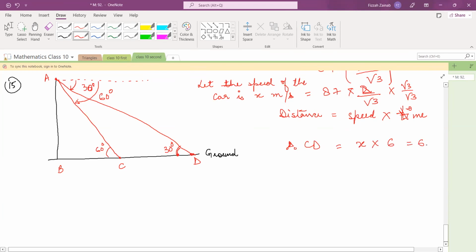So 6X, clear? So this distance is 6X. Now from B to C, I don't know the time, so I can assume it. Let's say the time is T, so time into speed, that is TX. So that becomes your distance BC, clear?